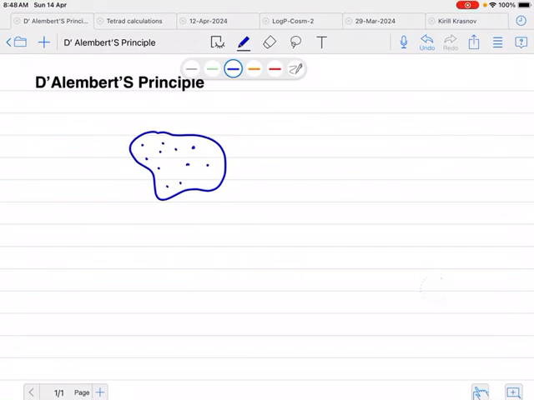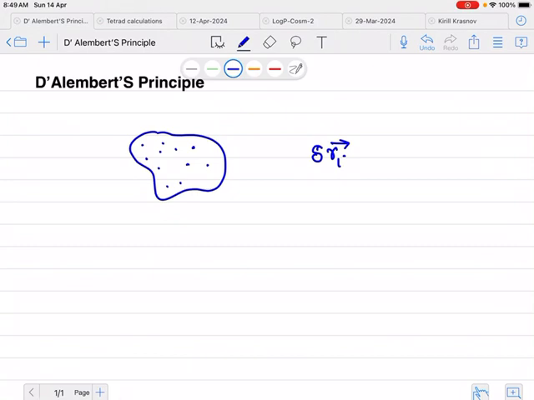Suppose there is an infinitesimal change in the coordinates, delta Ri, and this infinitesimal change is consistent with the forces and constraints imposed on the system.